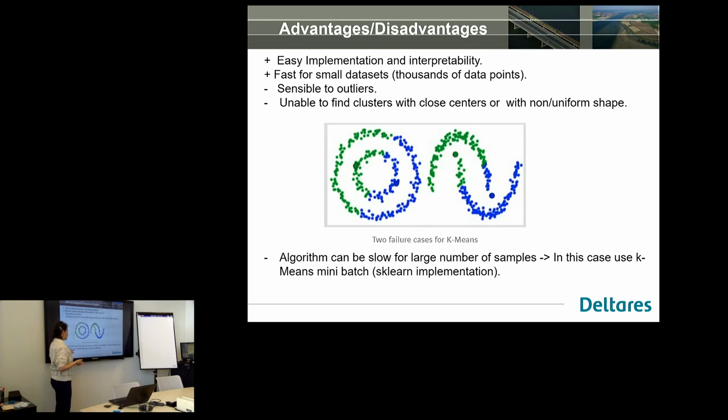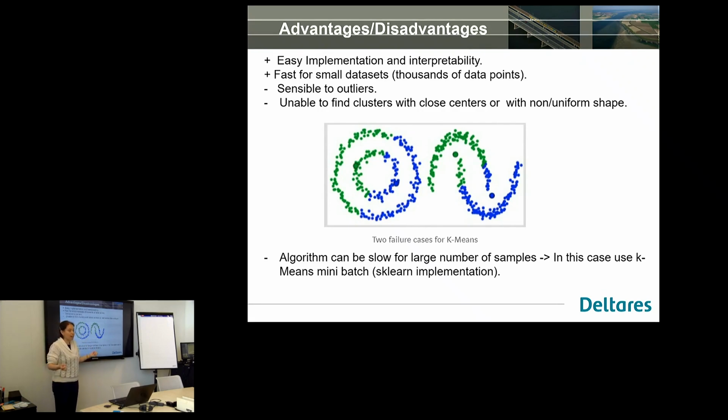Another disadvantage is that if you have a large data set, and by large I mean maybe more than 10,000 points or observations, then this algorithm is going to take a lot of time due to the computation of the distance of each point with respect to each of the clusters. And another disadvantage is that you need to specify the number of clusters in advance.